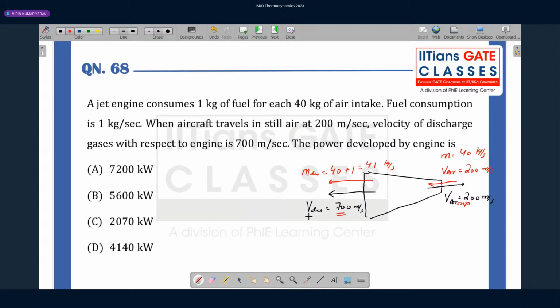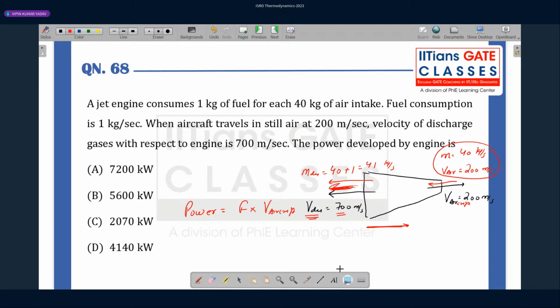So basically this is the force that is acting. When this exhaust is going out, it is pushing the aircraft in the forward direction. So it is producing the power, but this power is reduced by the air because air is in the opposite direction. So I can say that power is equal to force into velocity of aircraft, right?